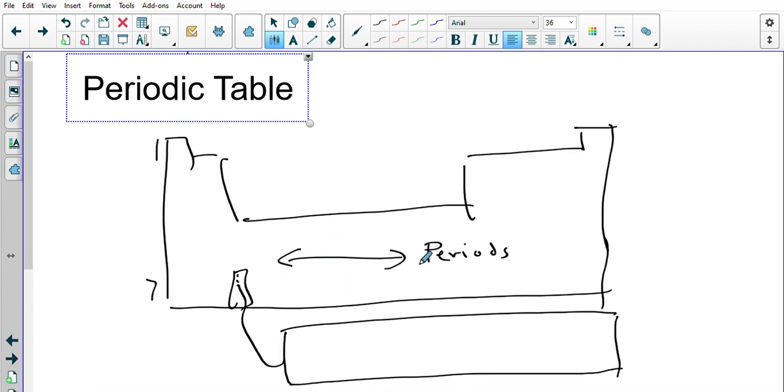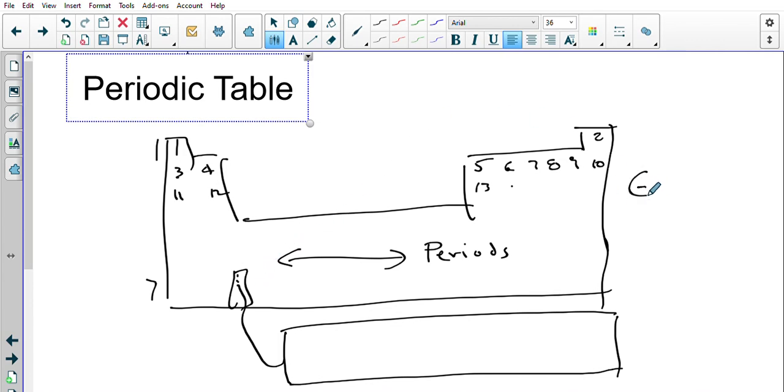But you've got these 7 periods of the periodic table, and we count going 1, 2, and then we come down 3, 4, 5, 6, 7, 8, 9, 10. And we come down 11, 12, 13, and so on, going across. We keep on going left to right, going across the periodic table.